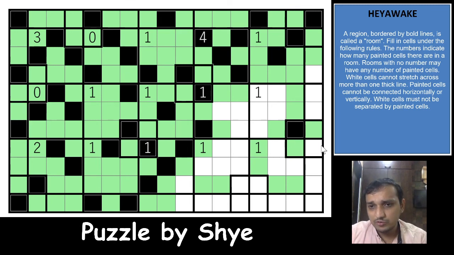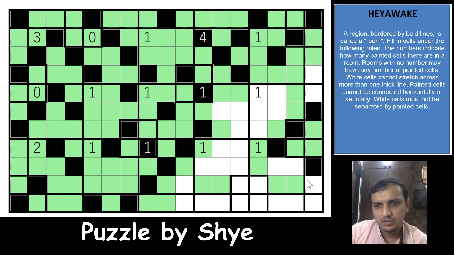One of these will have to be shaded, and no, come on guys, what are we missing? So one of these again, and if we shade, if this is shaded, this will be unshaded, this will be shaded, right, and this will be shaded.